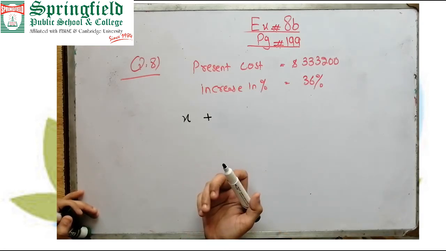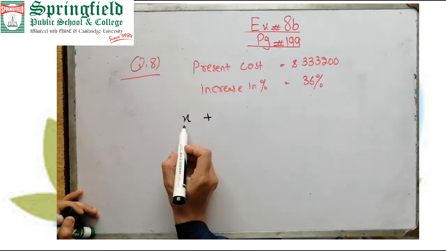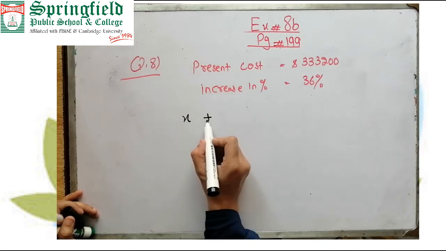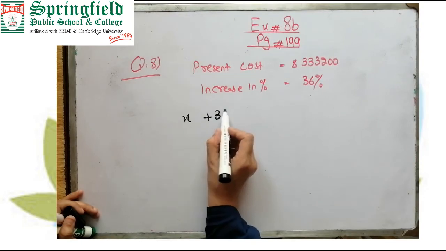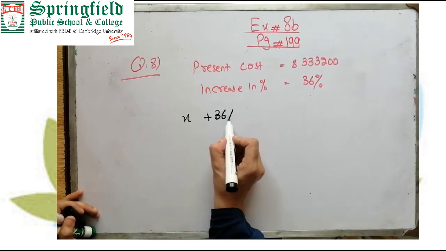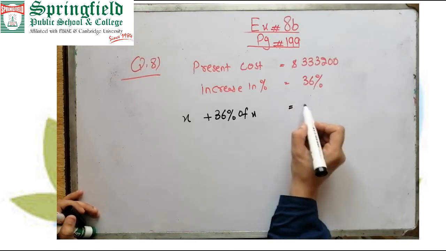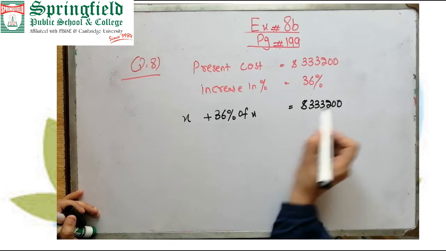We don't know about the starting cost. They are asking about the starting cost. So let the starting cost be equal to x. Then x plus the increase, meaning plus 36% of x, is equal to $333,200.